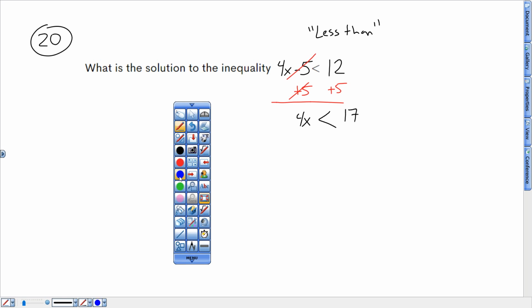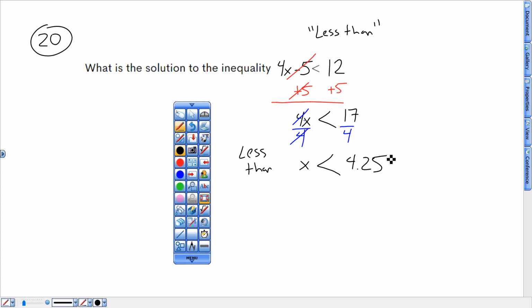Opposite of timesing by 4 is dividing by 4. And that gives me x has to be all numbers less than, and let's see, 17 on my calculator first, divided by 4, gives me 4.25.